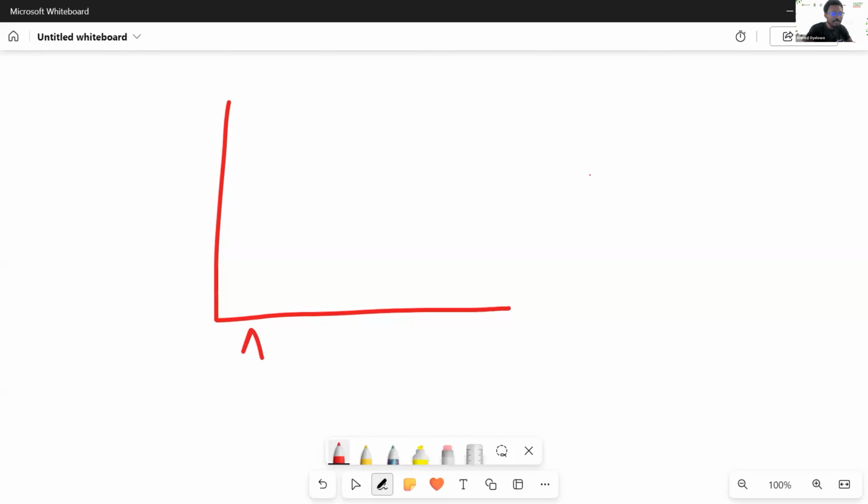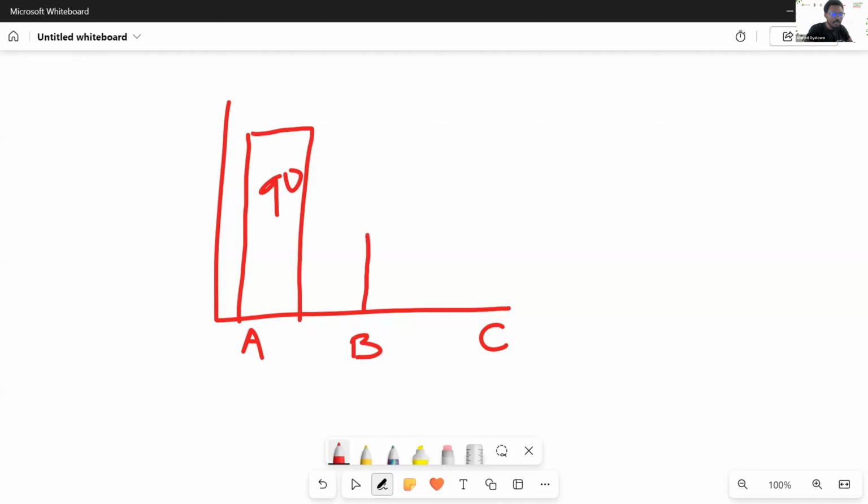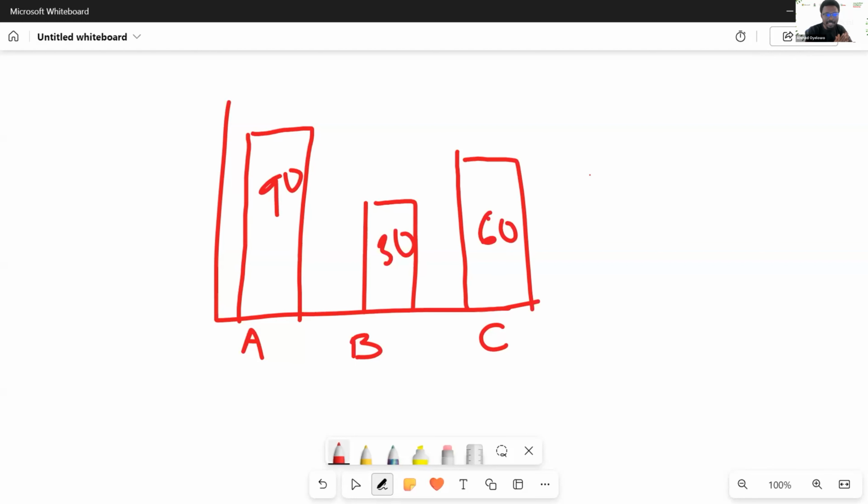So this is department A, this is department B, and this is department C. Let's say we have 90 students in department A, 30 students in department B, and 60 students in department C.